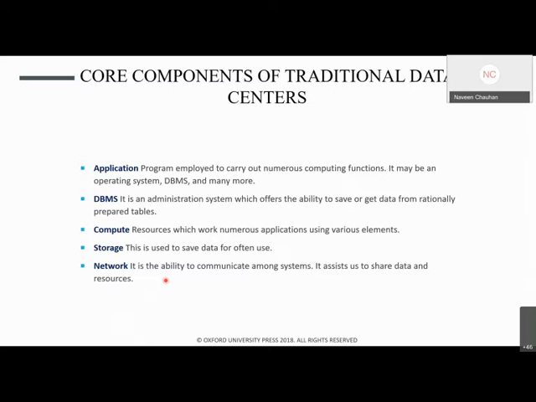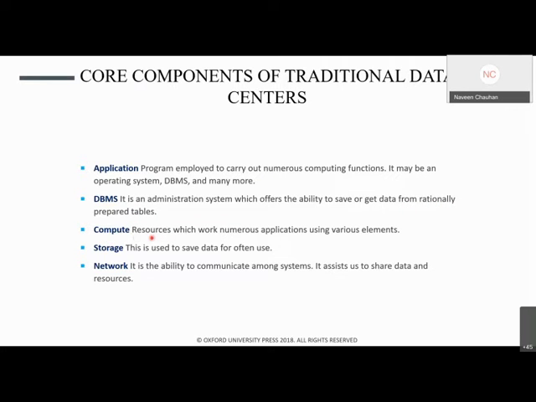As far as the core computing components of traditional data centers are concerned, the application is a program employed to carry out numerous computing functions. It may be an operating system, a database management system, or any other application which is there as a part of the cloud. DBMS is an administration system which offers the ability to save or get data from relationally prepared tables.